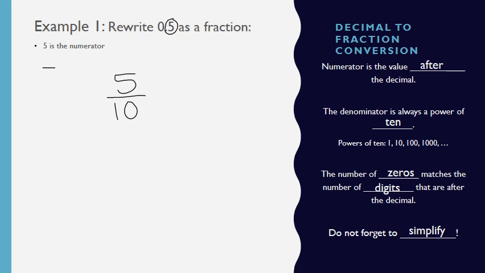So we need to think, 5 and 10, what can we simplify by? We're going to use what we learned in class to check for those more common divisibility rules.